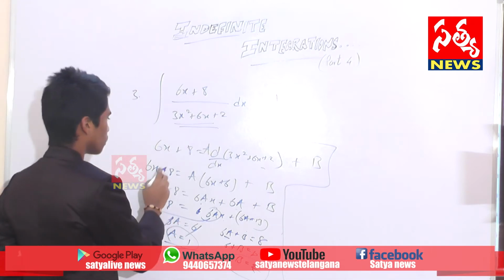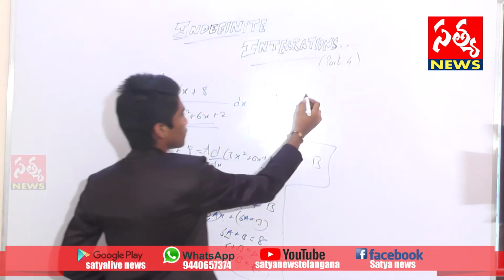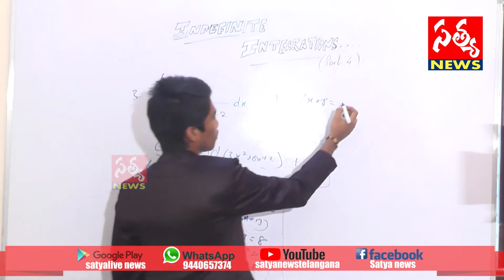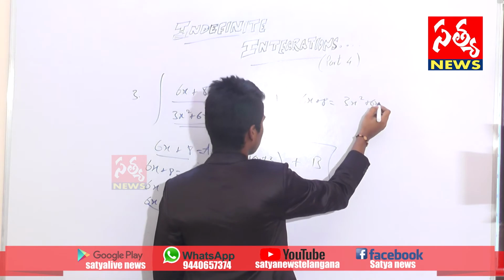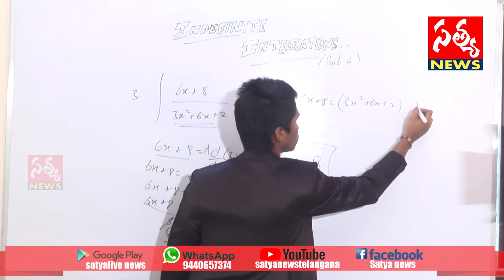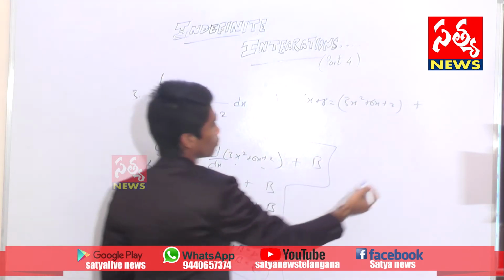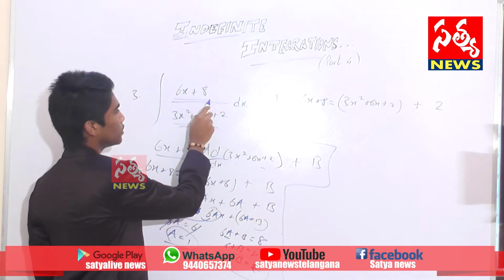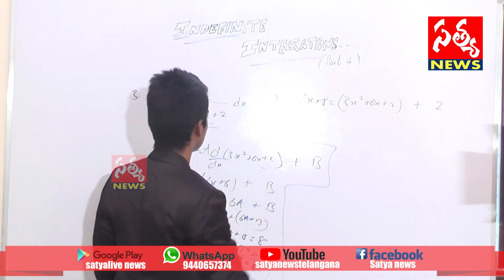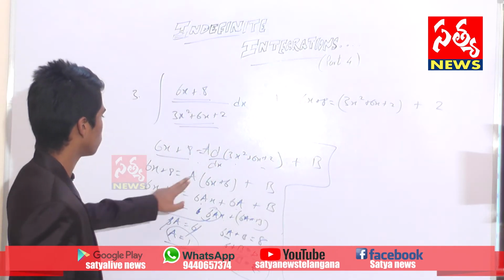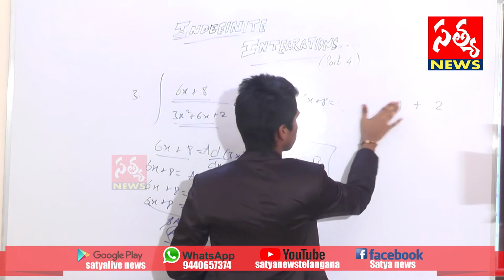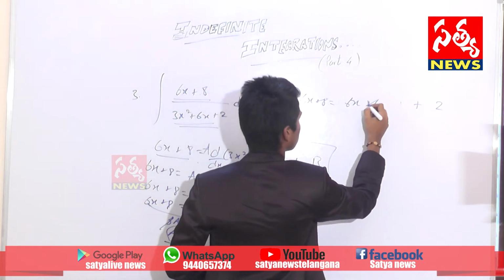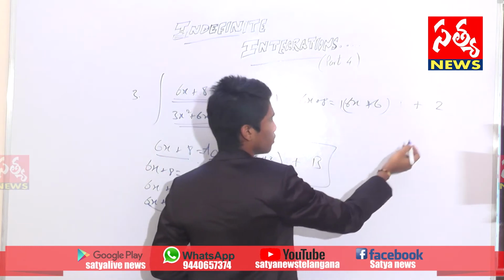That means in place of 6x plus 8, we can write 1 times 6x plus 6 plus 2, as a is 1 and b is 2.